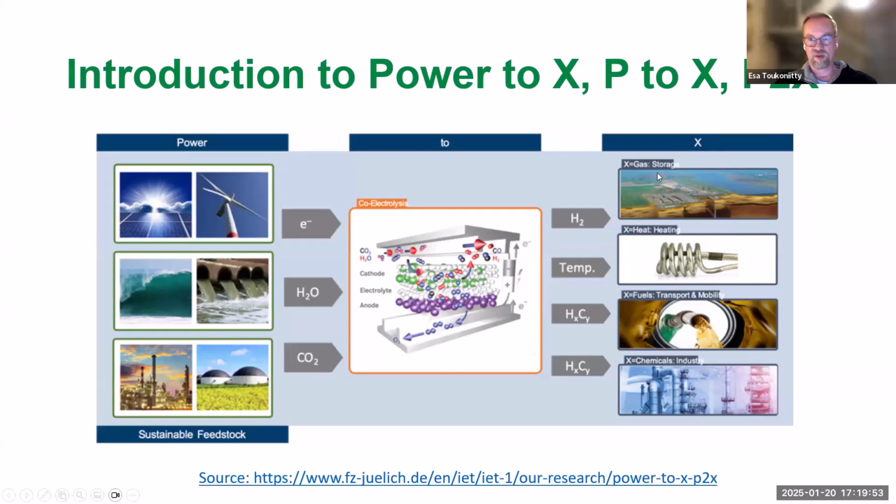You can store very simple molecules like methane or hydrogen. It's a fuel. It can be used later on for producing energy. So it's kind of energy storage, but of course you can use it as a raw material to make, let's say, transportation fuels or more complicated chemicals that the chemical industry produces.